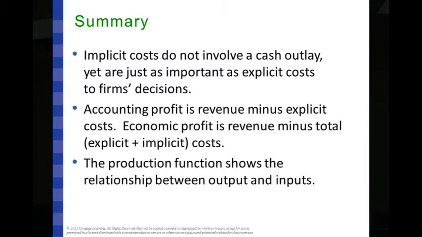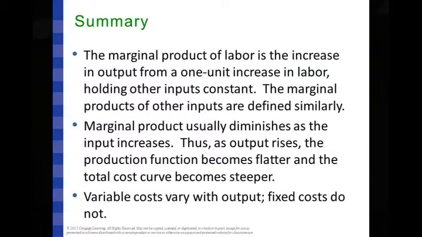So remember the difference between economic and accounting ways of making assumptions and predictions. Economic profits take both explicit and implicit costs into account, whereas accounting profits only consider explicit costs. So make sure you know the difference between the two.